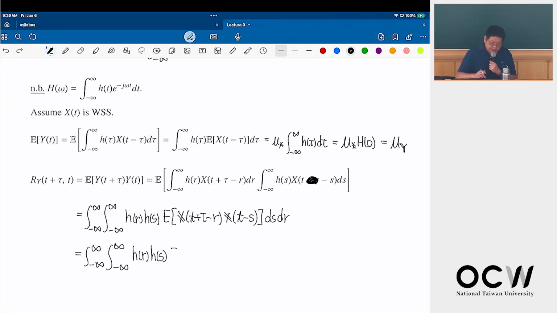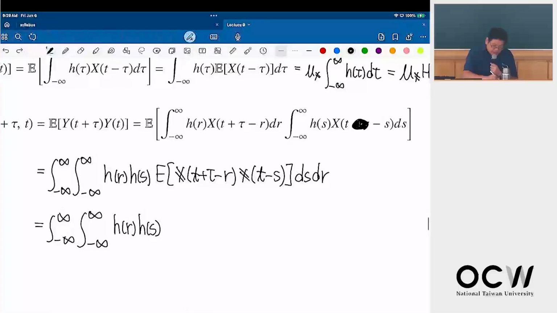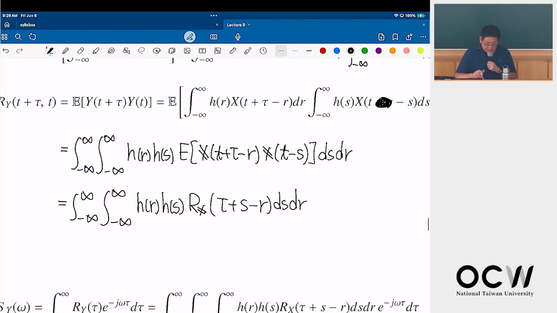So this should be the autocorrelation of X at tau plus s minus r, ds, dr. And you see that there's no time here, so that is the autocorrelation of Y of tau.